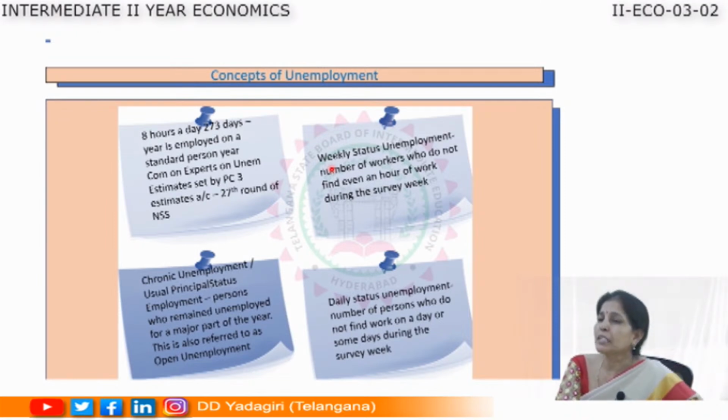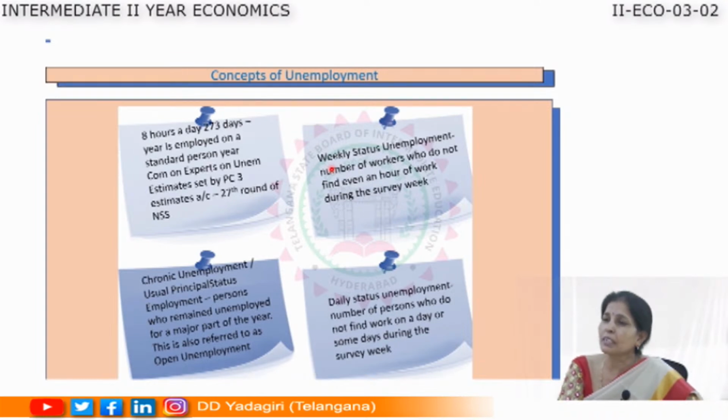The Committee of Experts on Unemployment, the Planning Commission, has given 3 estimates according to the 27th round of NSS: chronic unemployment, weekly status unemployment, and daily status unemployment. In chronic unemployment, the usual principal status, persons remain unemployed for a major part of the year. In other words, it is open unemployment.